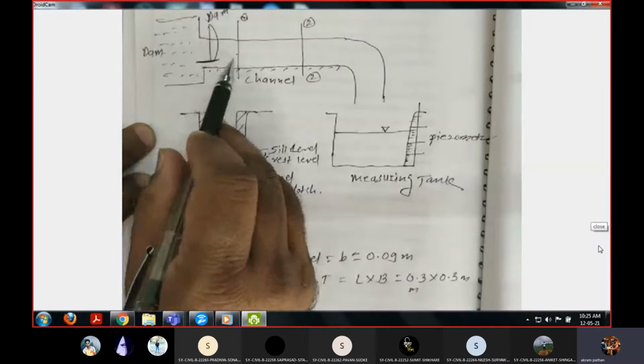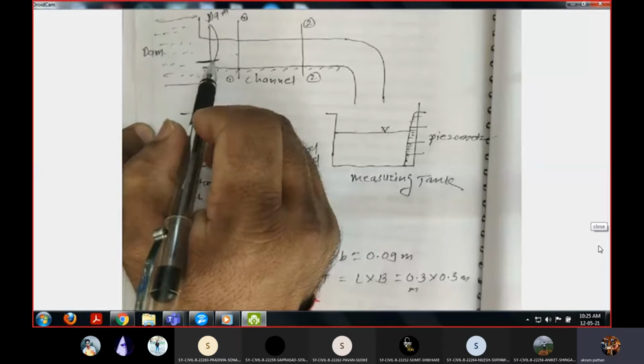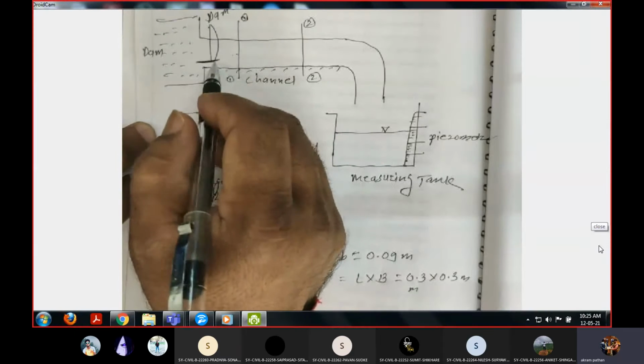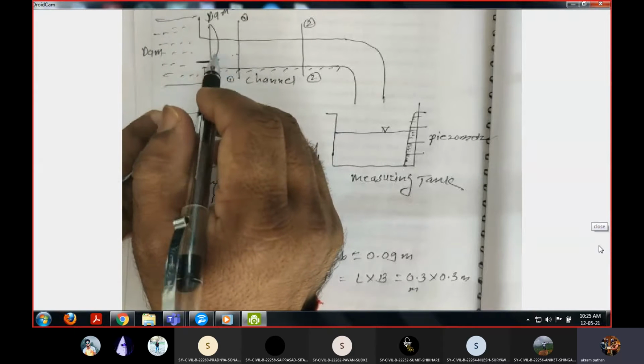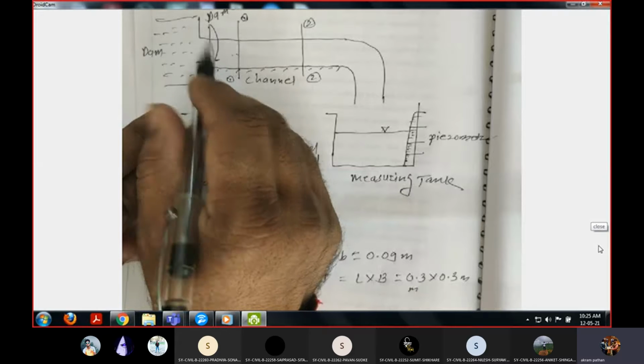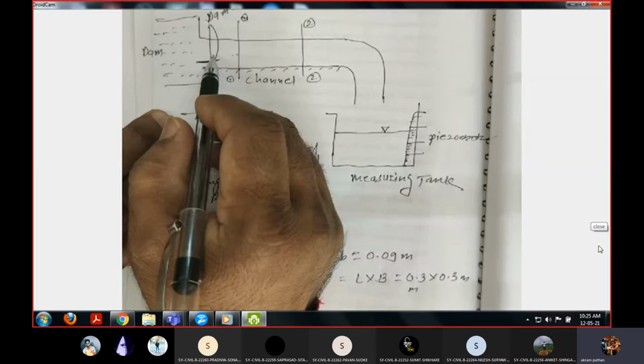Now, if you want to supply the water for irrigation purposes, then we have to open the gate. How much we have to open, for how much height, depends upon the area to be irrigated.